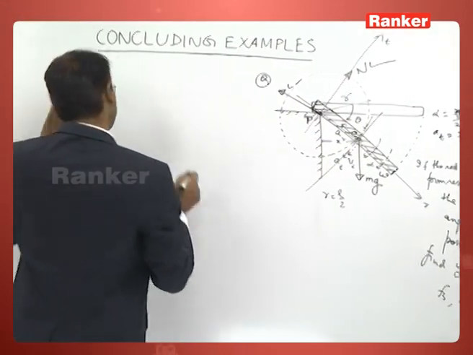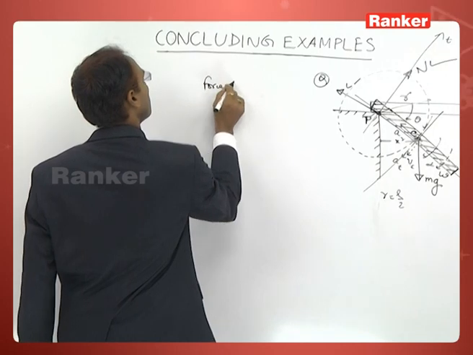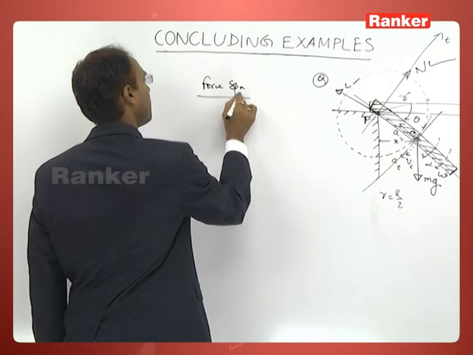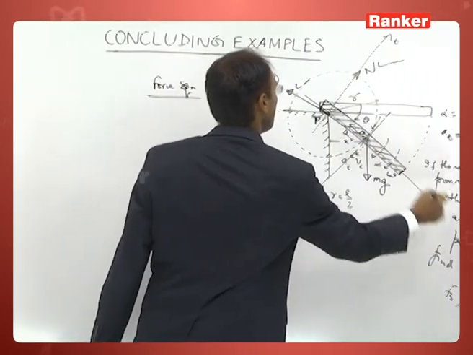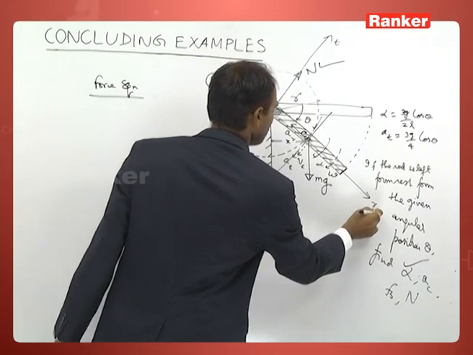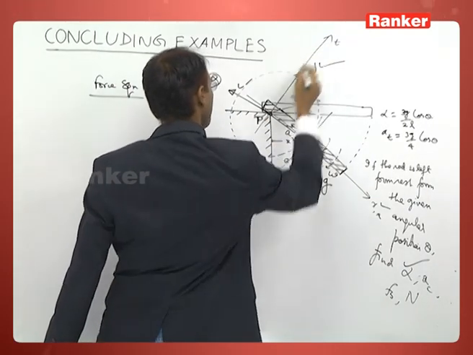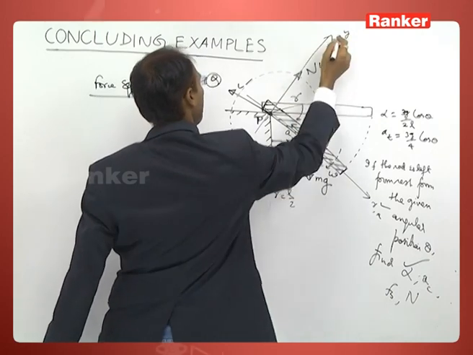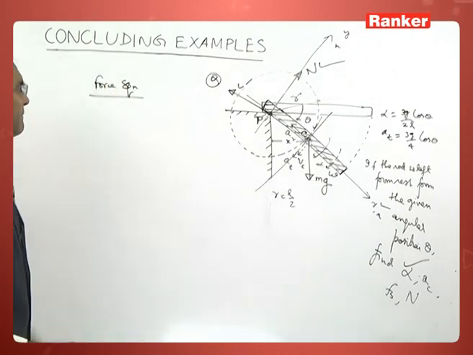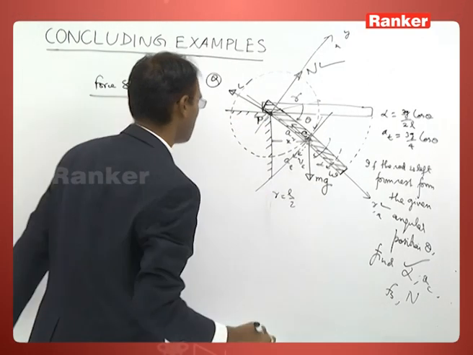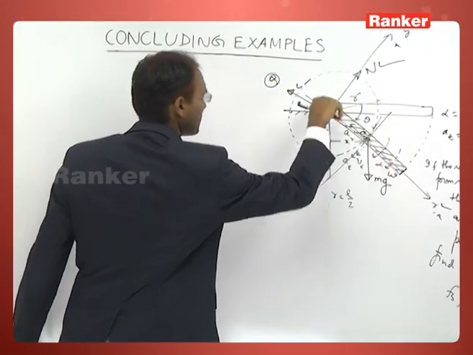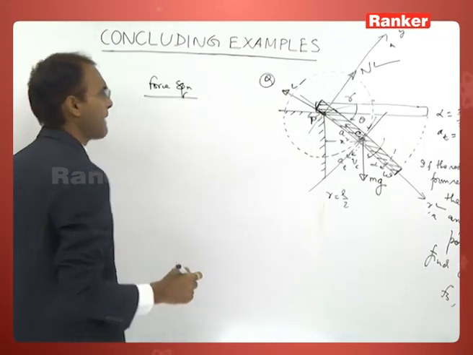Let us write the force equation now. The force equation, taking this as the axis. You can take it x-axis or r-axis, or you can take it y-axis or n-axis or t-axis, your wish. Along this direction, what is the net force acting? If you take this direction positive, this will be negative, your wish.